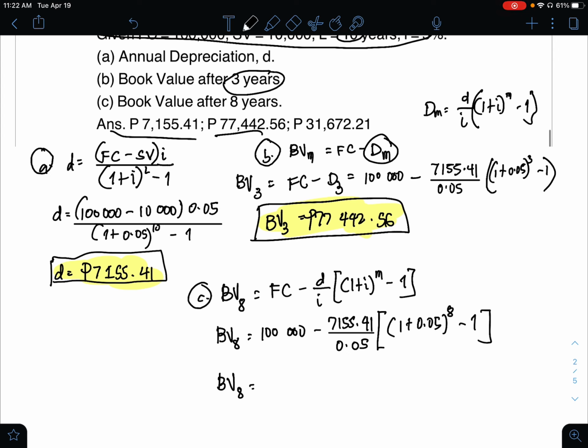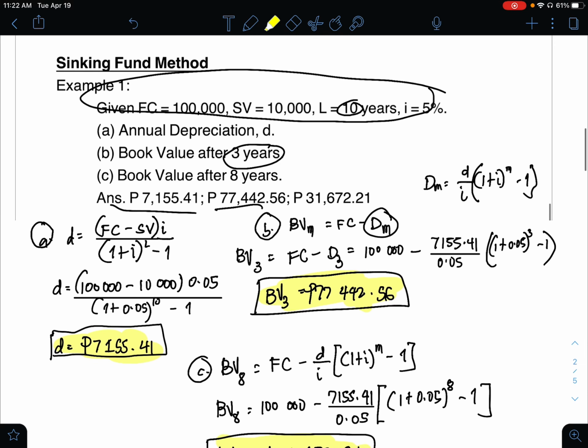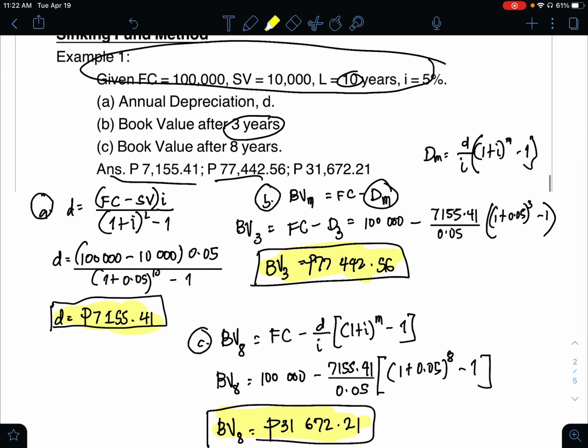Dili sa ta mag-round off until the final answer. So BV8 is equal to pesos 31,672.21 pesos. And that is your final answer. That is for example number 1.